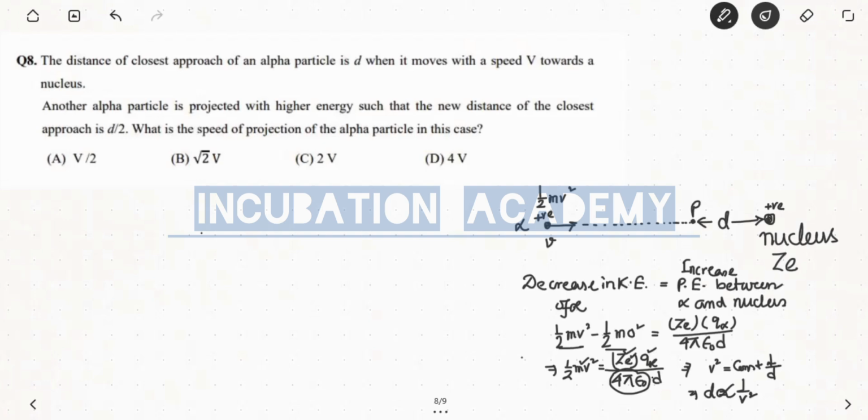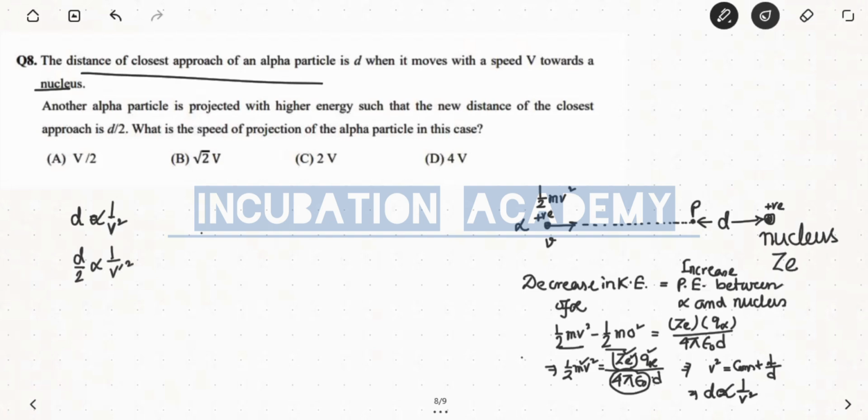So when the distance of closest approach is d, the velocity is v according to the first information. When the distance of closest approach is made d by 2, then what is the new velocity? We can say v prime.